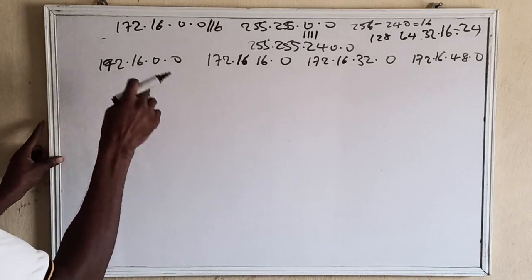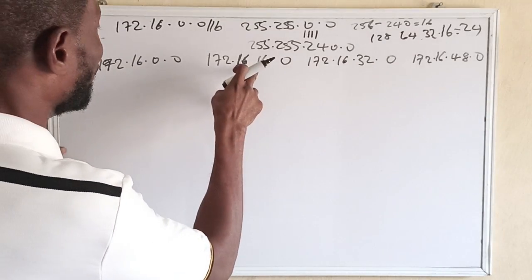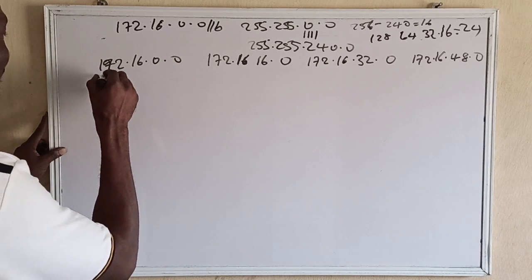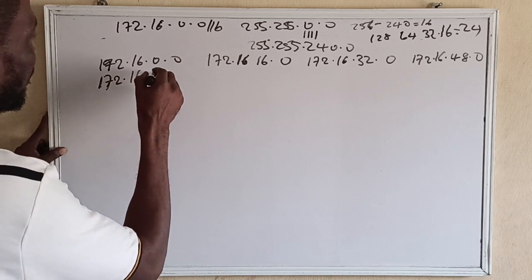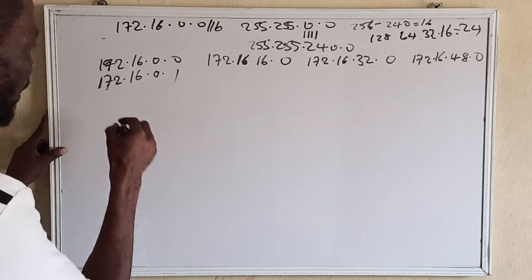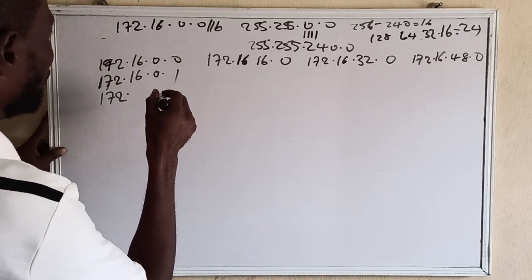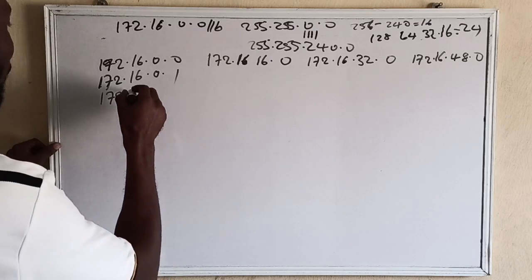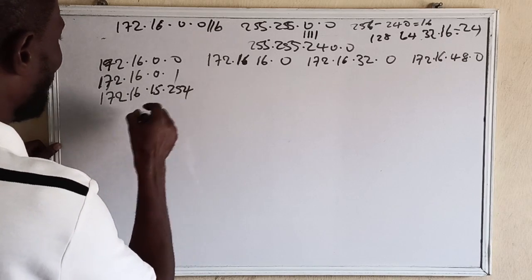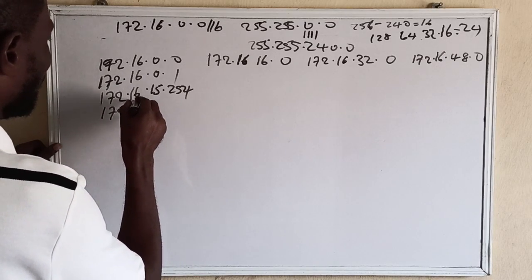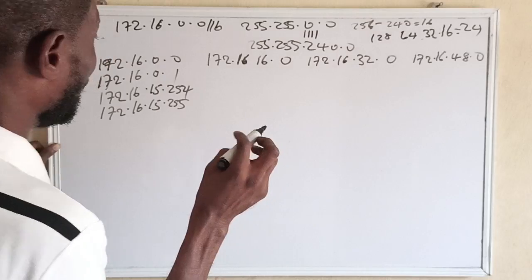The other one was from the second octet, but this one is now from the third octet here. Now when you start, 172.16.0.1, up to 172.16.15.254, and 172.16.15.255, which is the broadcast address.